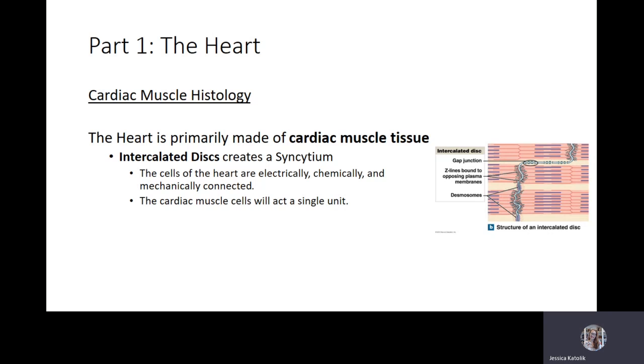And this will allow the heart to act in coordination. So it will coordinate what regions of the heart beat at a particular time and all those sorts of really cool things. So we'll get more into it in the future.